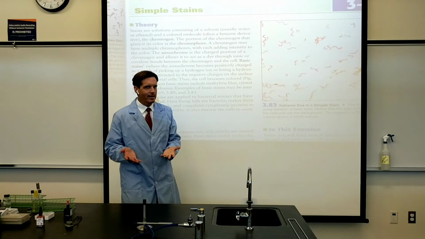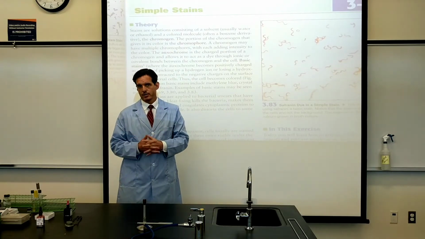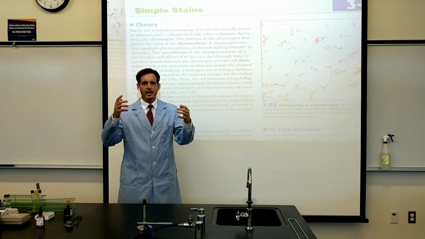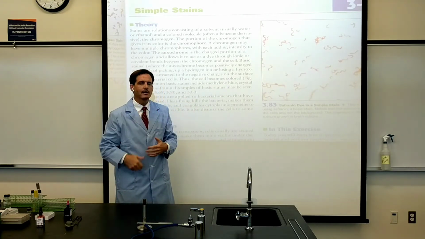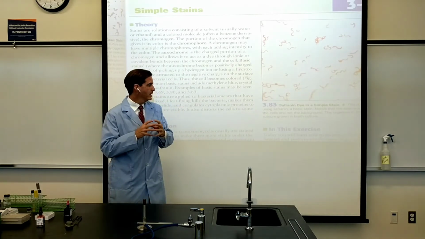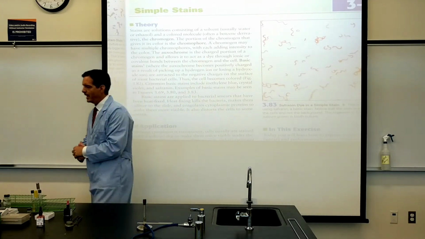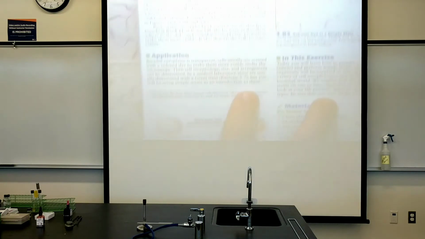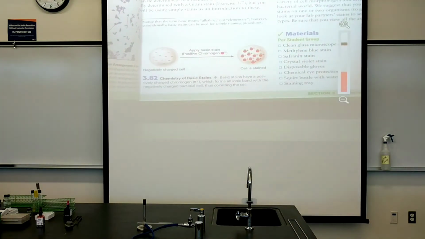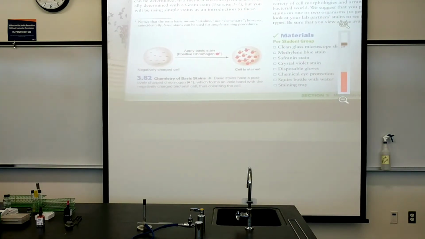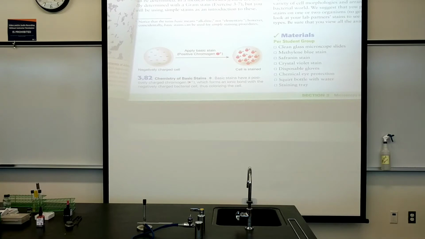We didn't talk about ionic, but that's referring to the charge, and in this case, positive charges are attracted to negative charges, so opposites attract, and the negatively charged cells will absorb the positively charged dye. And here is a figure that shows that. So we can see that the negatively charged cell is absorbing the positively charged dye.